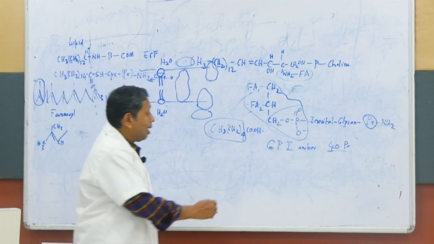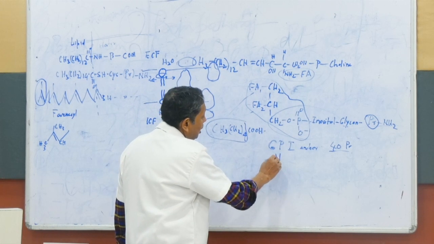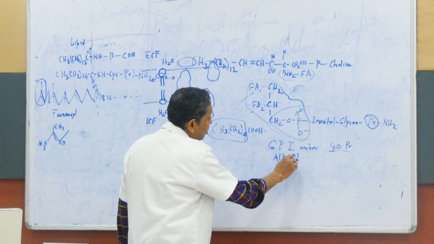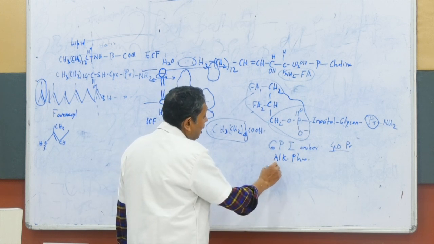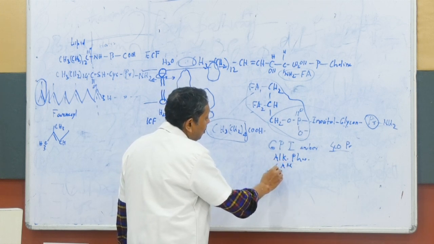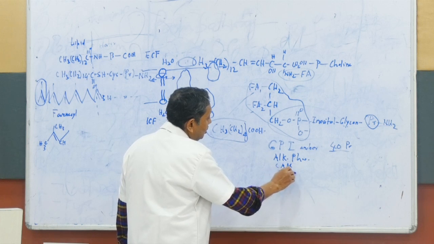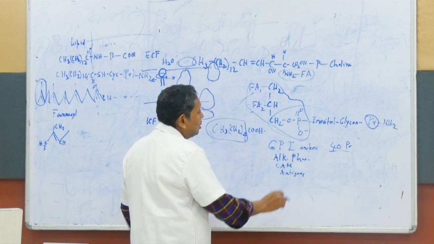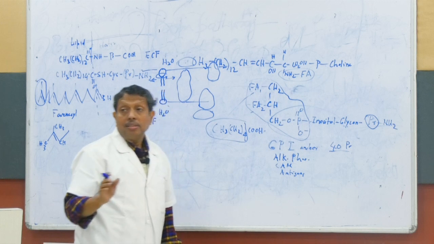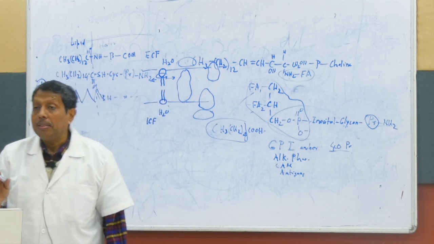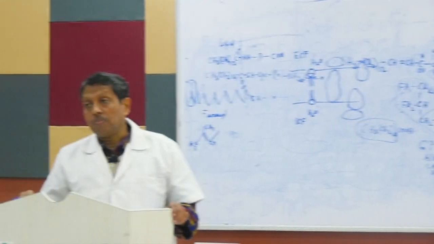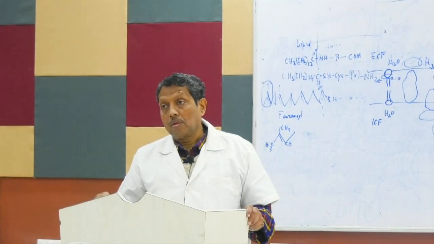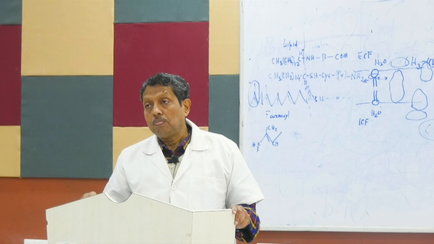It includes alkaline phosphatase, some cell adhesion molecules, some antigens, and some proteins that protect against complement mediated RBC lysis. And they are important in this.